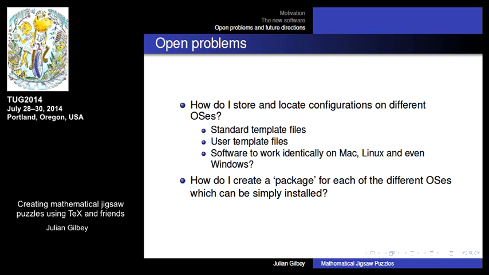There's some standard way of doing it and some standard way of teaching Python where to look for things. I don't want to reinvent the wheel if I don't have to. How do I create something that's installable on those different operating systems so that people can just download it and go bang and it works? I don't know the answer. And I want it to work identically on these different operating systems. So that's where I'm stuck.